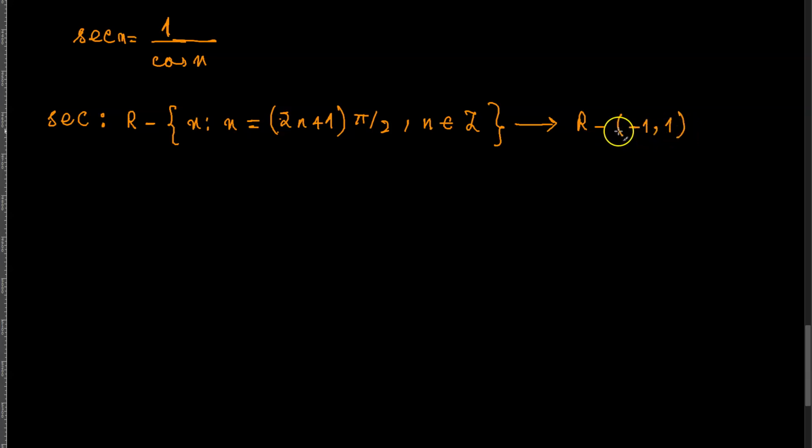It means that the secant function assumes all real values except negative 1 and 1, and is not defined for odd multiples of pi by 2.